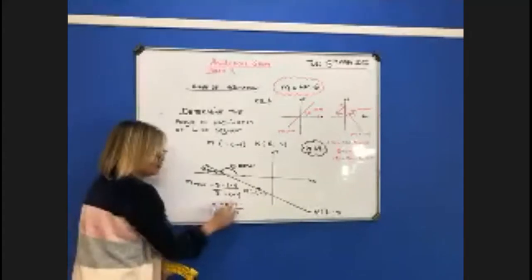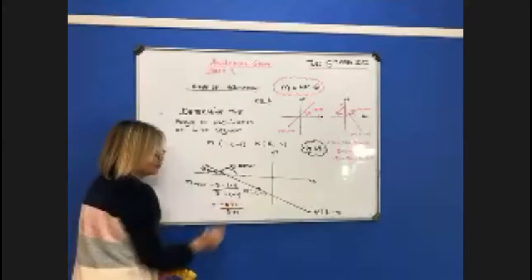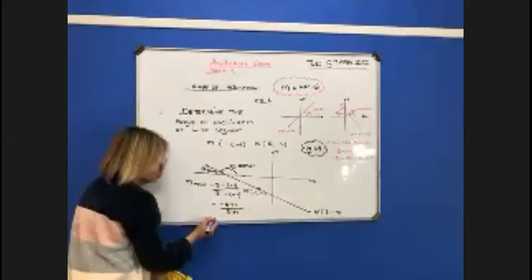Be careful when matching. One in the denominator, over 6. Now you must simplify that to -2/3. You can see that the gradient is negative.